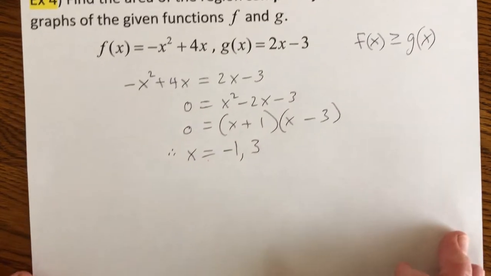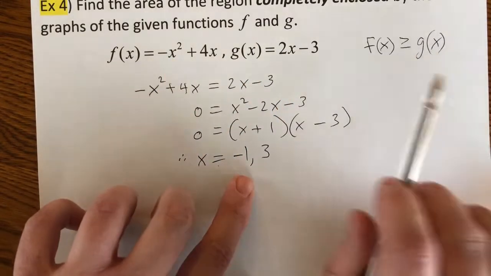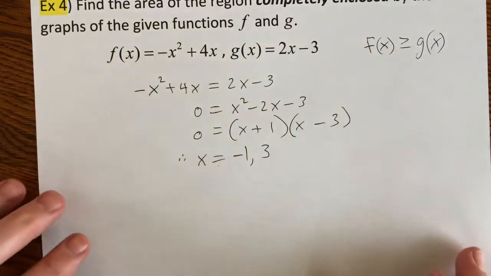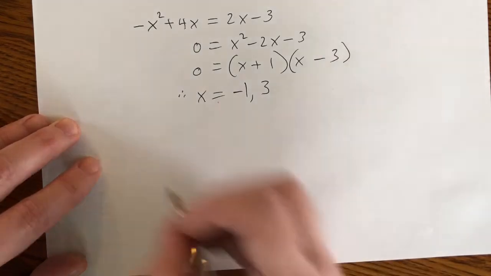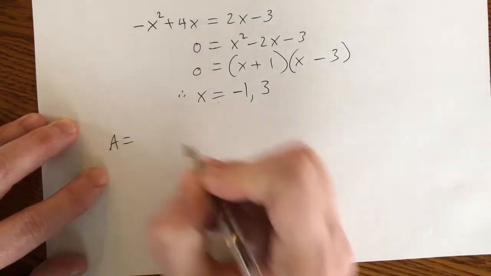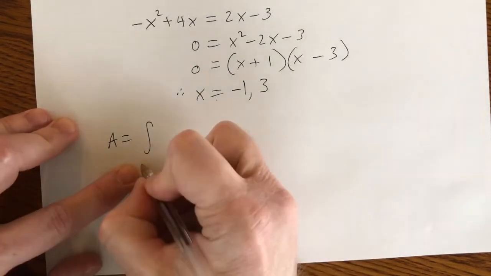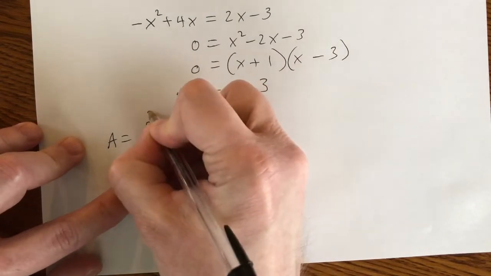So based upon those x values and the two given functions, and the fact that this graph is above this one, we will set up the following definite integral. Area is going to be equal to the value of this definite integral. Lower limit, negative 1. Upper limit, 3.